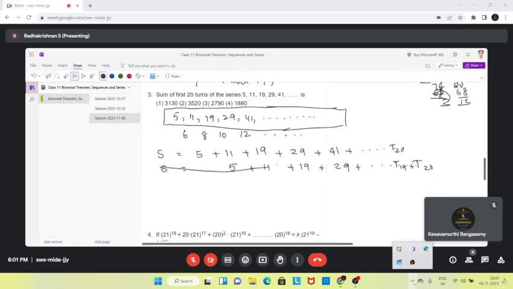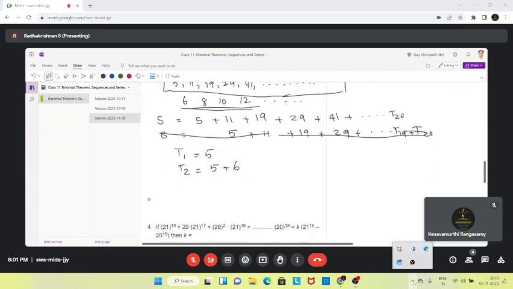So here what you do is different. See, if it is like an arithmetic series in this manner, the differences are in arithmetic series. What we do is you try to express, let's say T1 equal to 5, T2 equal to 5 plus 6, and T3 equal to 5 plus 6 plus 8.